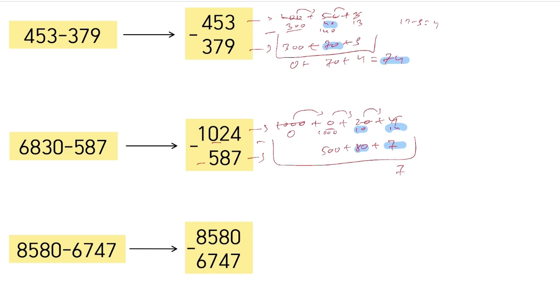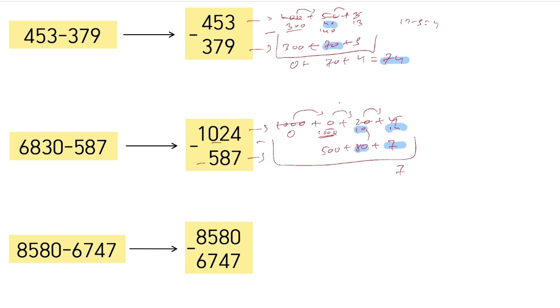So actually I cannot make the operation at the tens place, so I need some numbers from the thousands place's hundreds place to give to the tens place.